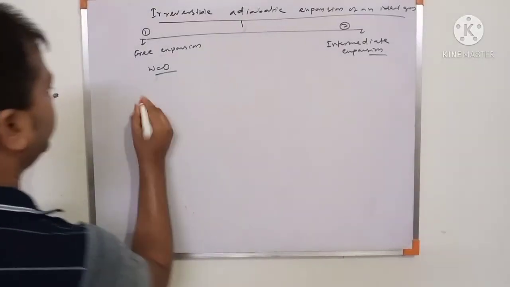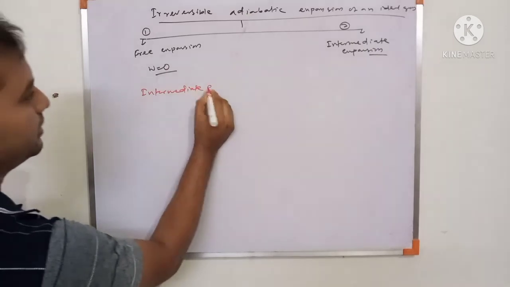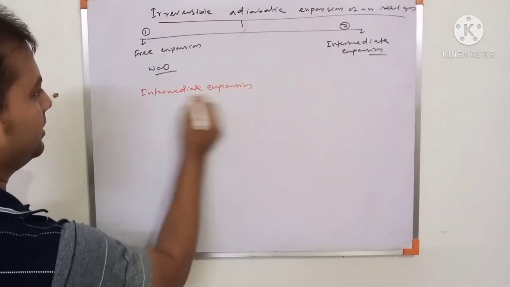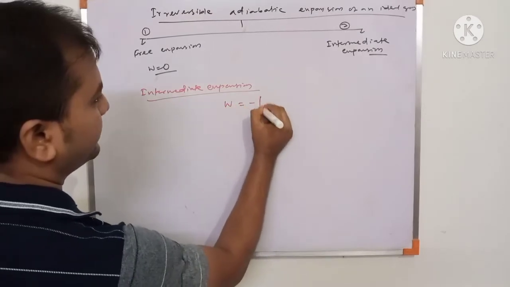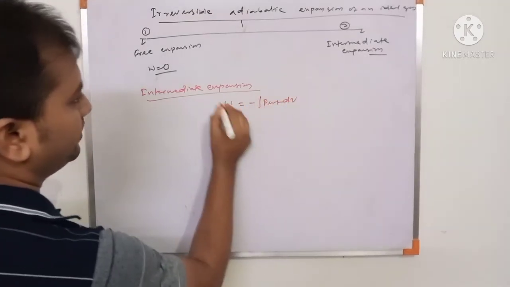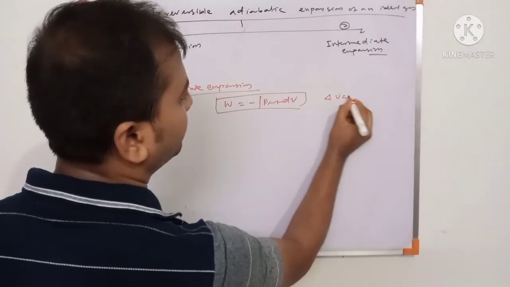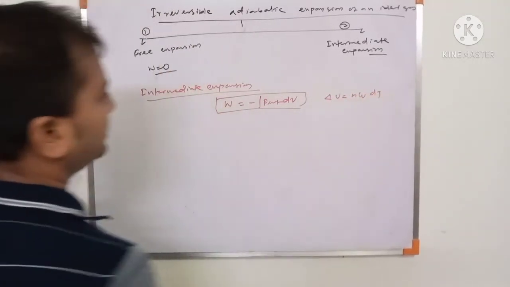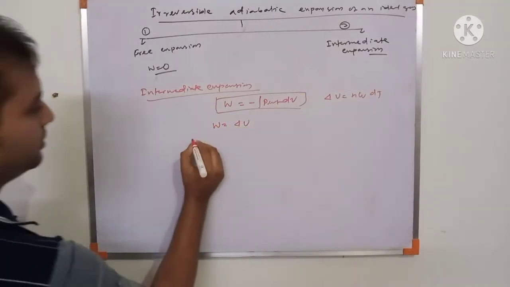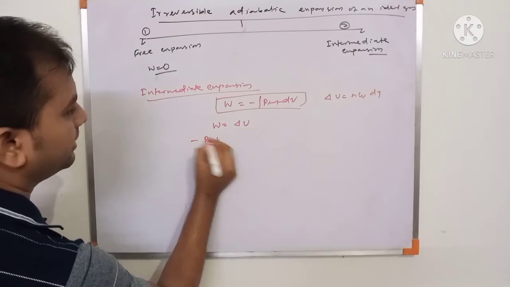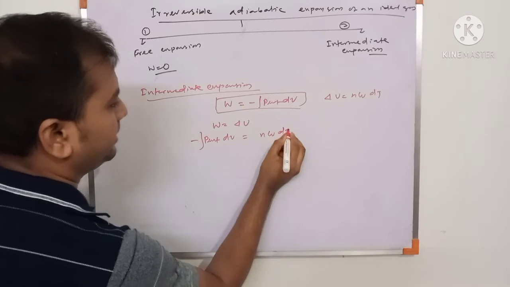Now case 2 is intermediate expansion. In case of intermediate expansion, we know W equal to minus P external into dV. Work equal to minus P external dV, and we know delta U equal to n Cv dT. So W equal to, we know this is delta U. So minus P external dV equal to n Cv dT.